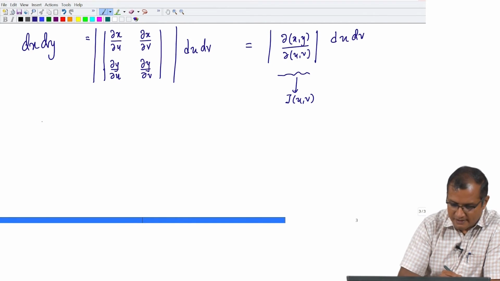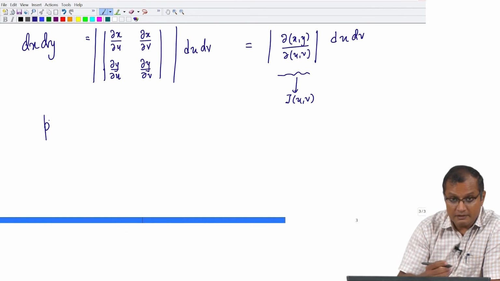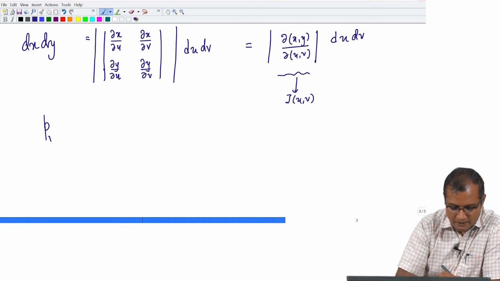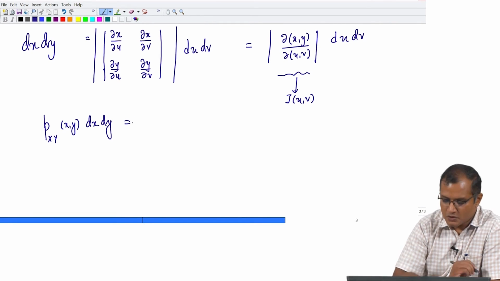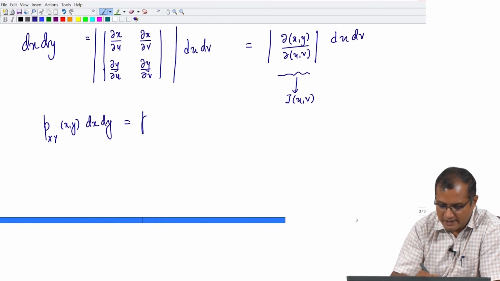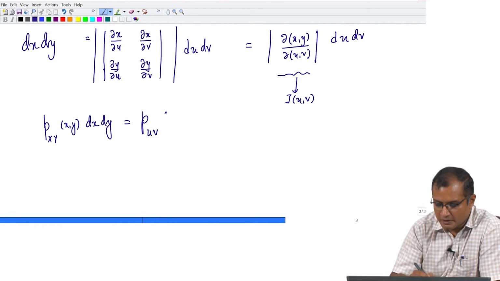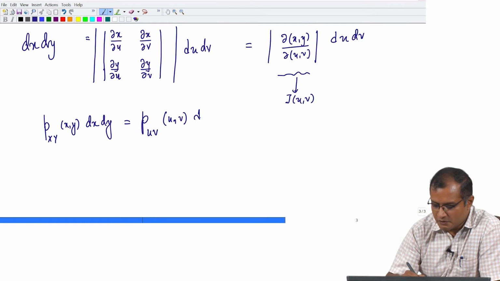So, now you can say that the probability density in the x y, which is a function of x comma y, times dx dy should be the same as the probability density in the uv plane for the variables u comma v into du dv.